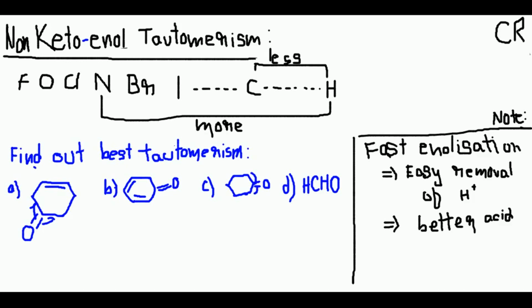In this there is no chance, so it will never be stable. But in this, if this double bond shifts here, then it forms resonance. Due to resonance, this molecule will become stable. So the answer is B.